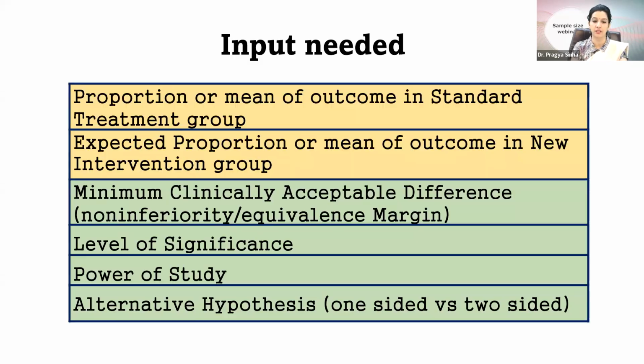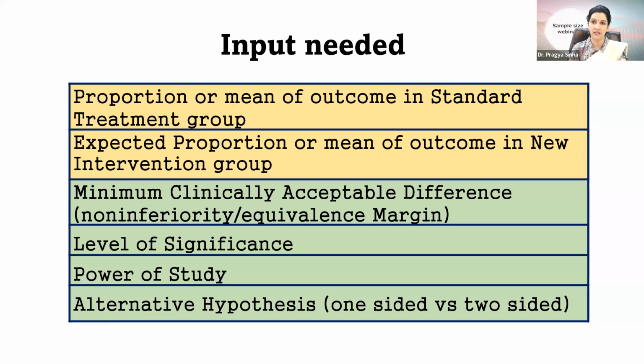So what are the inputs which we need if we do a sample size calculation? We need the proportion or mean of the outcome in the standard treatment group. We need the expected proportion or mean of the outcome in the new intervention group. Then we set the minimum clinically acceptable difference for the non-inferiority and equivalence types of trial.